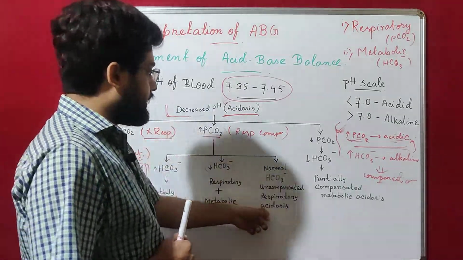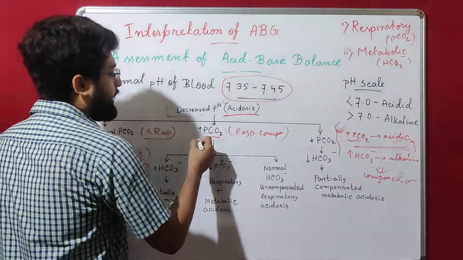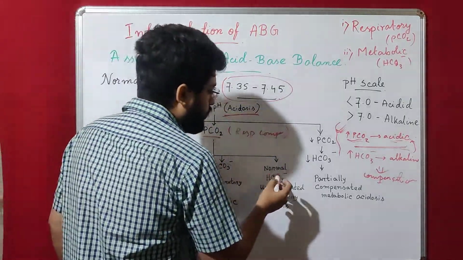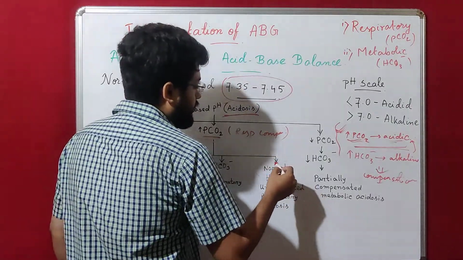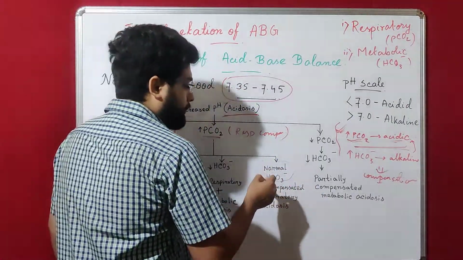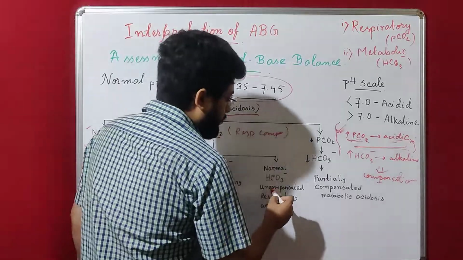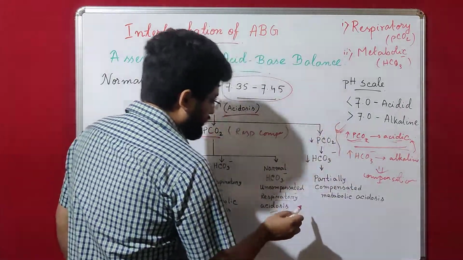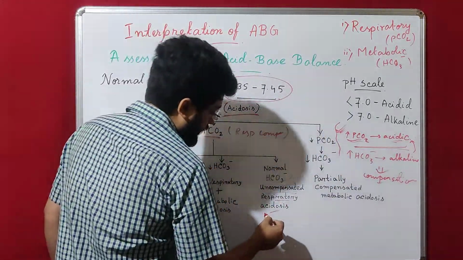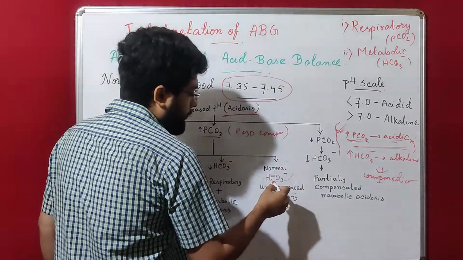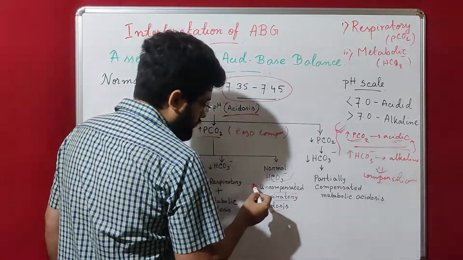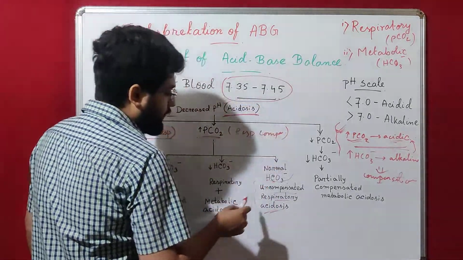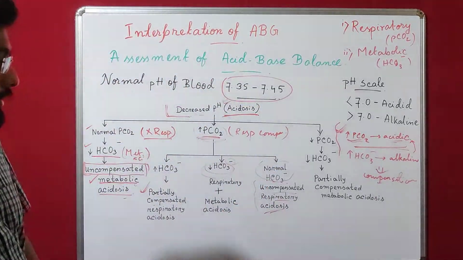Just like that, here is a respiratory acidosis and the body is showing no effort to counteract that through the metabolic component. So it is uncompensated respiratory acidosis. That means only respiratory acidosis is present. There is no metabolic alkalosis which is trying to compensate that.